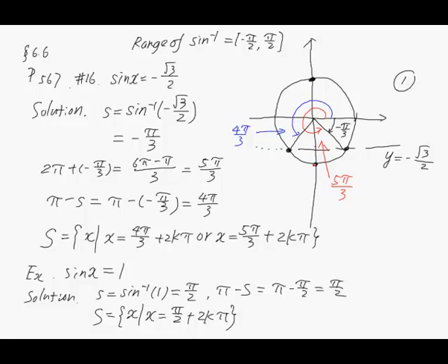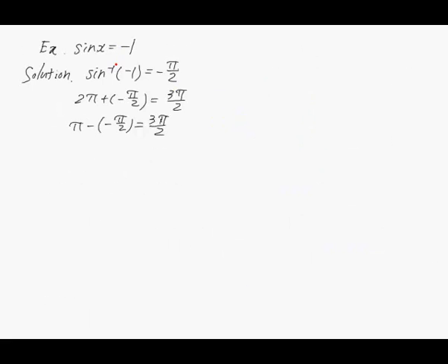Actually, you look at this figure. Here, only this point, right? You have the y-coordinate equal to -1. So here, this is (0, -1). Only this point. And the corresponding angle is 3 pi over 2. So now, we find the special solution to this equation between 0 and 2 pi, and then all the other solutions can be obtained by adding a multiple of 2 pi to this special solution.